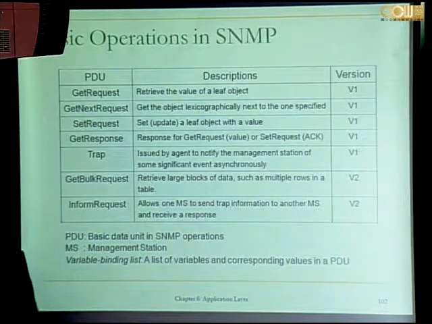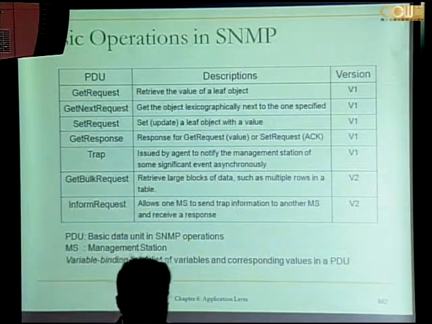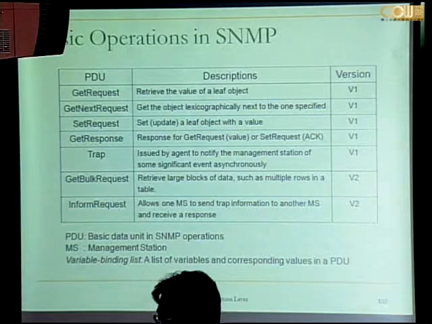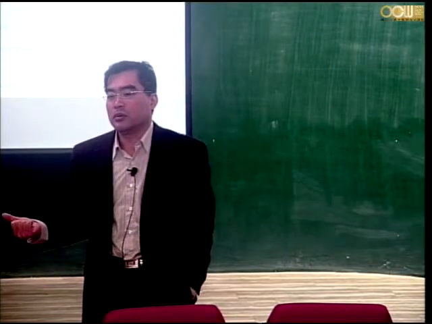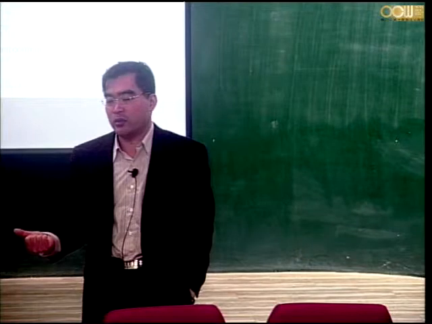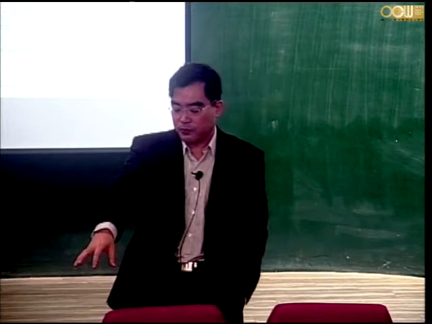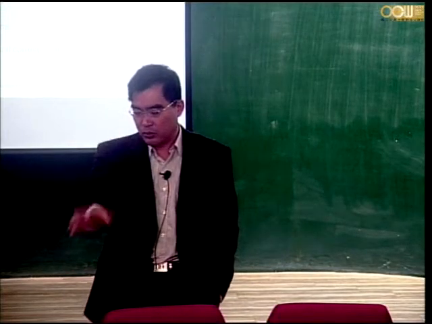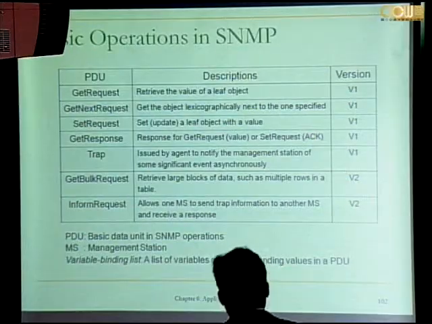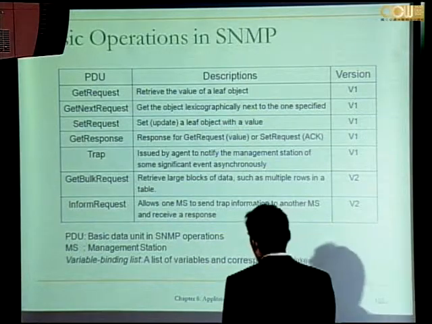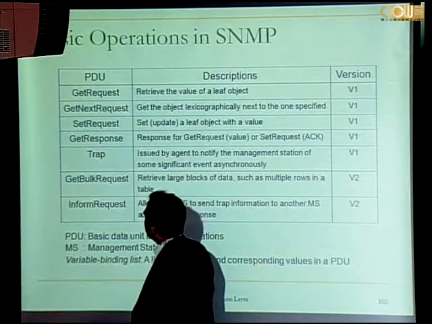So the agent, I mean the managed device, could proactively send a trap message to notify the manager if some MIB value exceeds a threshold. For example, if I'm a manager, I might set a condition: if the MIB value is over 5, then send me a trap. So the agent would then send a trap to the manager if that particular MIB value is over 5, for example.